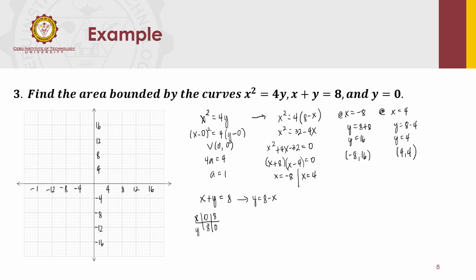And then we plot the points for the line. So we have 0, 8 and 8, 0 for the line. And then for the intersection points, we have negative 8, 16, where we'll know where the line should pass through, and also the parabola. And then 4, 4 is another intersection point.